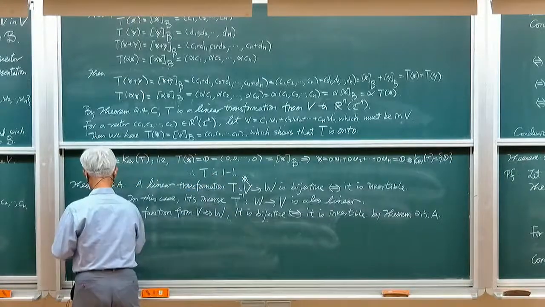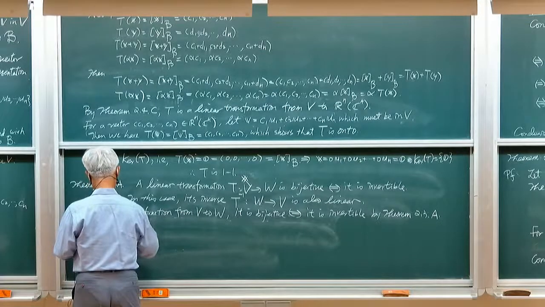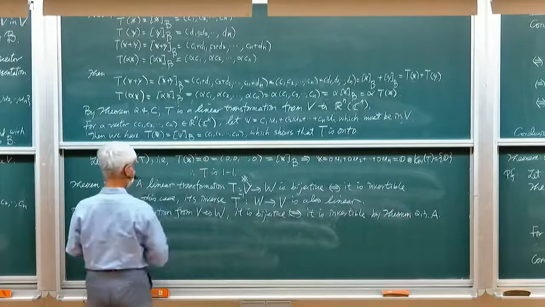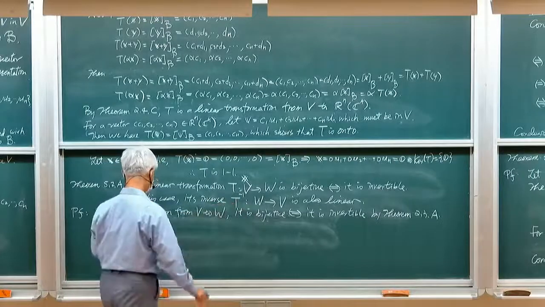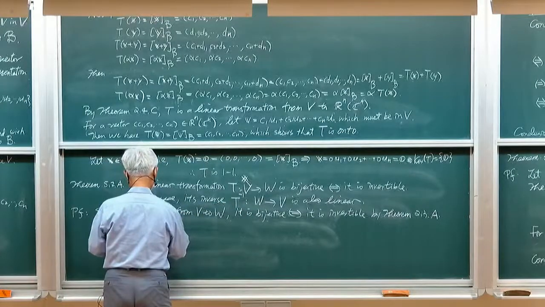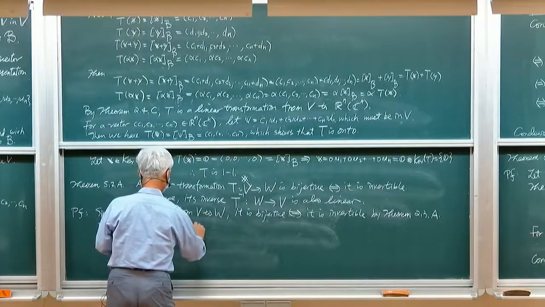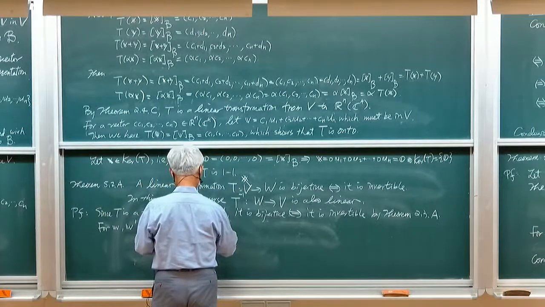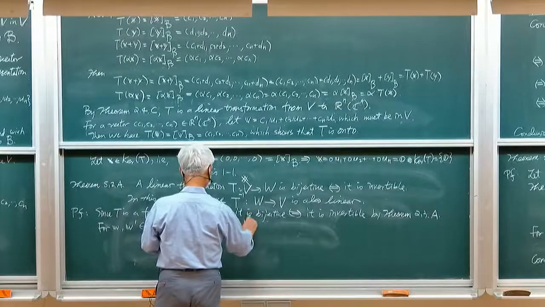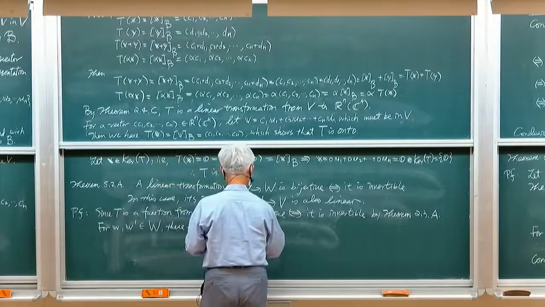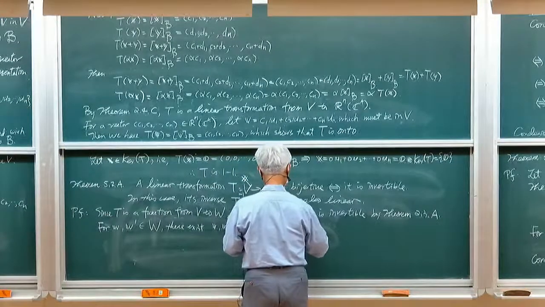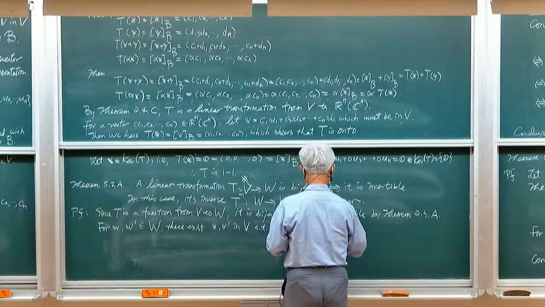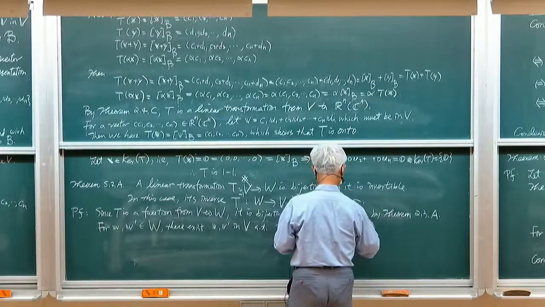Now take w and w prime in the vector space W, the domain of T inverse. So there exist v and v prime in V such that T(v) is equal to w and T(v prime) is equal to w prime.